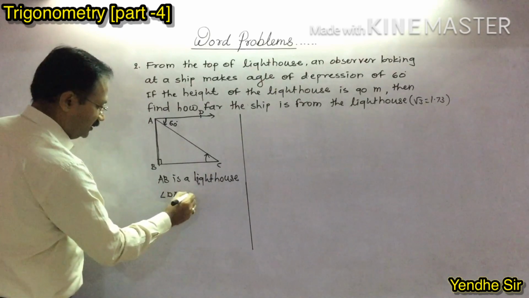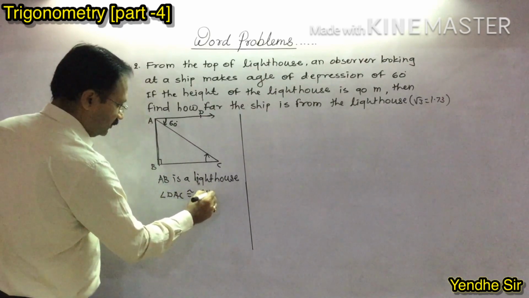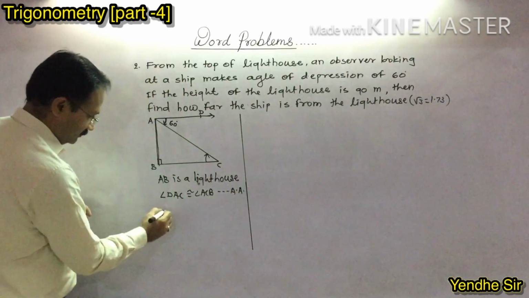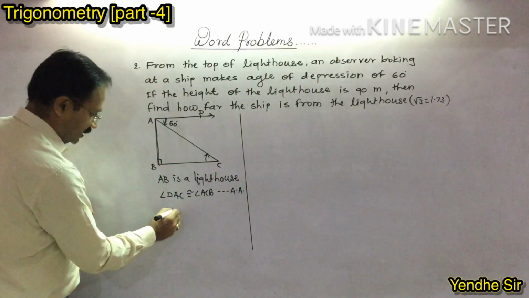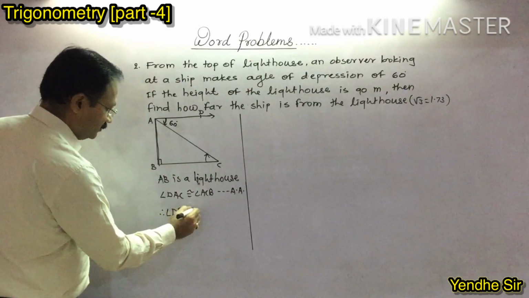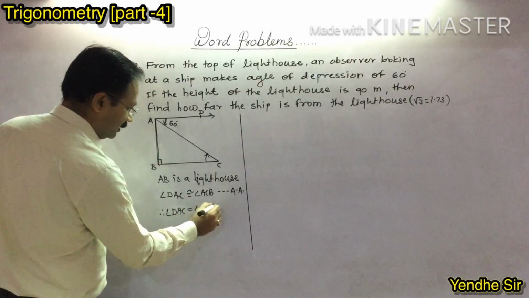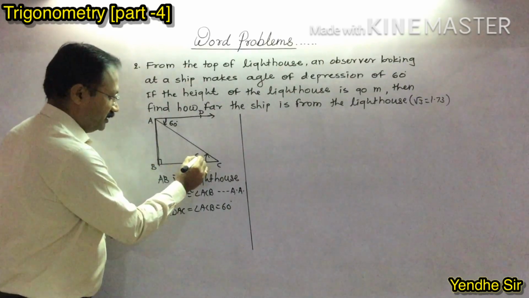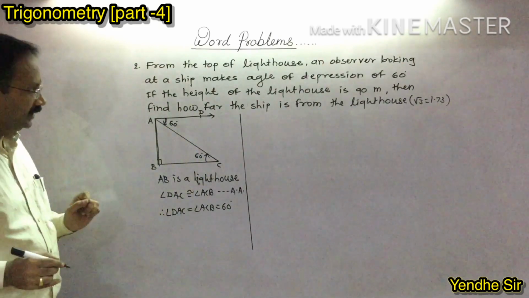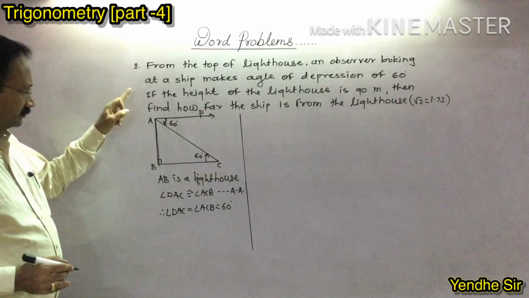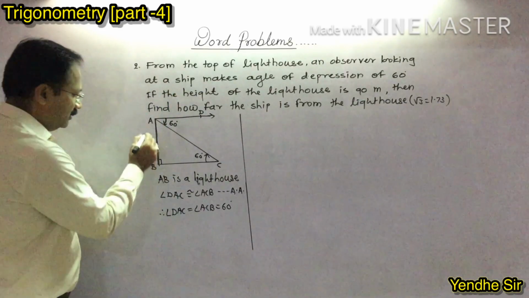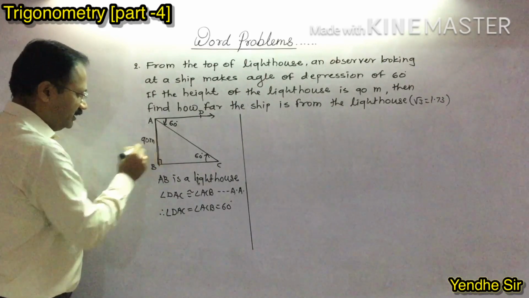Angle DAC is congruent to angle ACB because they are alternate angles, and therefore angle DAC equals angle ACB equals 60 degree. So I got 60 degree. Okay. Now, in the sum, the height of the lighthouse is given as 90. So I am going to write it here, 90.